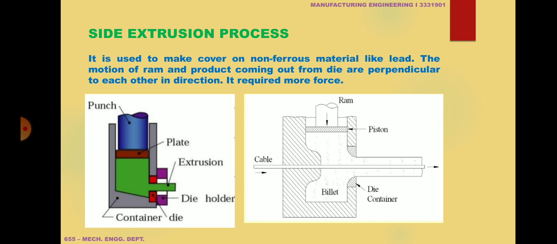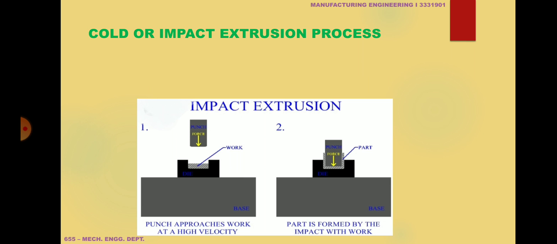It is used to make covers on non-ferrous materials like lead. Here we show the direction of the piston and the product coming out is perpendicular to each other, and it requires more force.